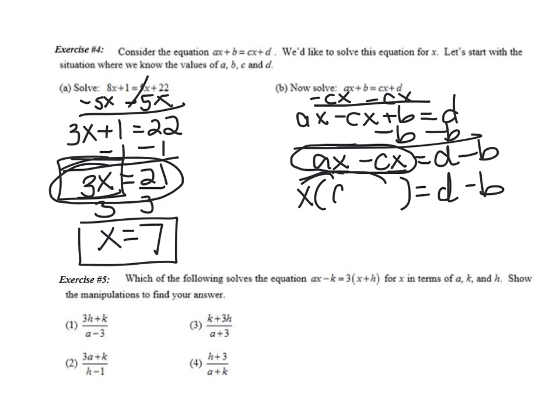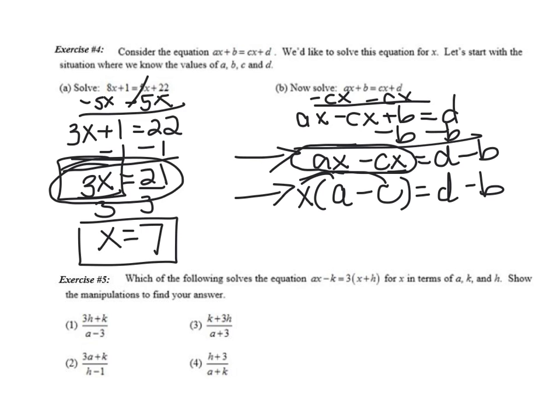Well, obviously it would have to be a minus c, because x times a is ax and x times negative c is negative cx. This expression here, ax minus cx, is equivalent to this expression here, x times the quantity a minus c.